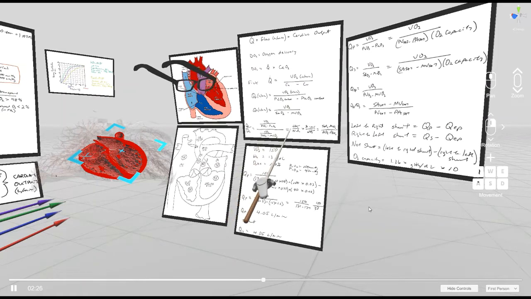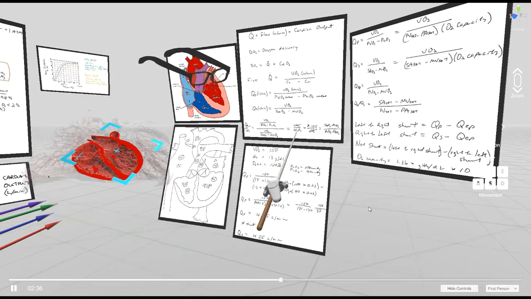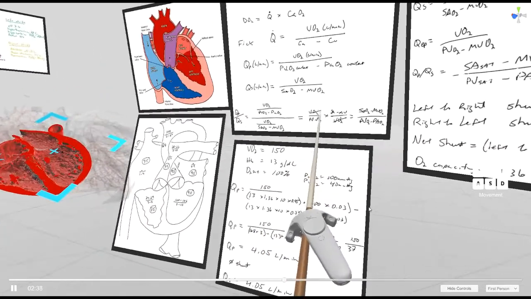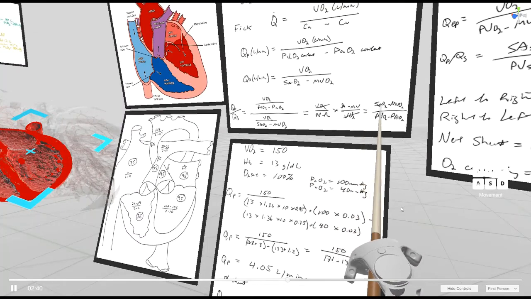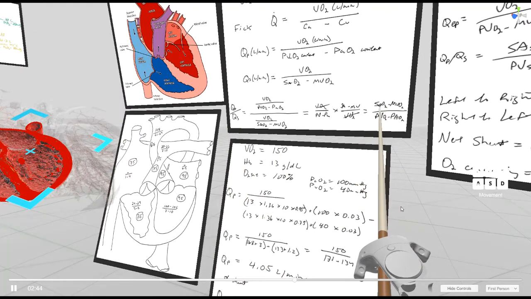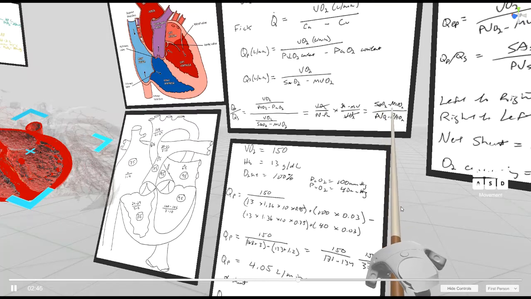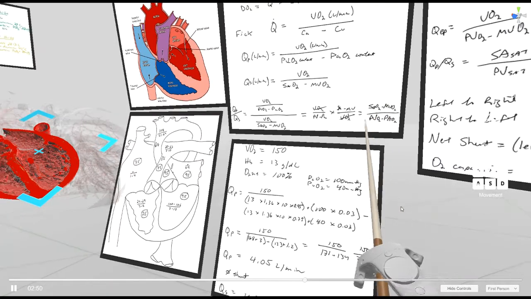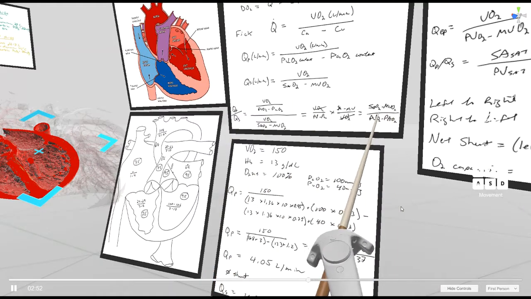If we take QS and invert it, we now have VO2 over pulmonary vein minus pulmonary artery times the inverse, right? So we're just converting this to here. You can see how we can eliminate VO2 to get us to the ratio equation, which allows us to obtain saturations in the aorta minus mixed venous sats over pulmonary venous minus pulmonary artery sats. And that's how we can get to the ratio.